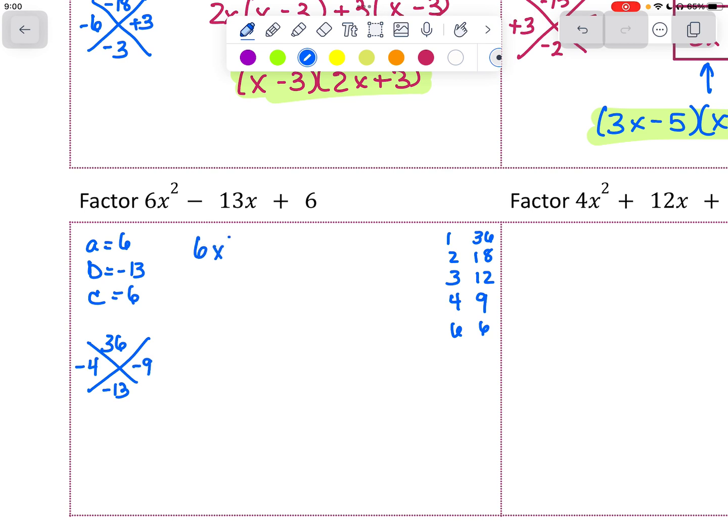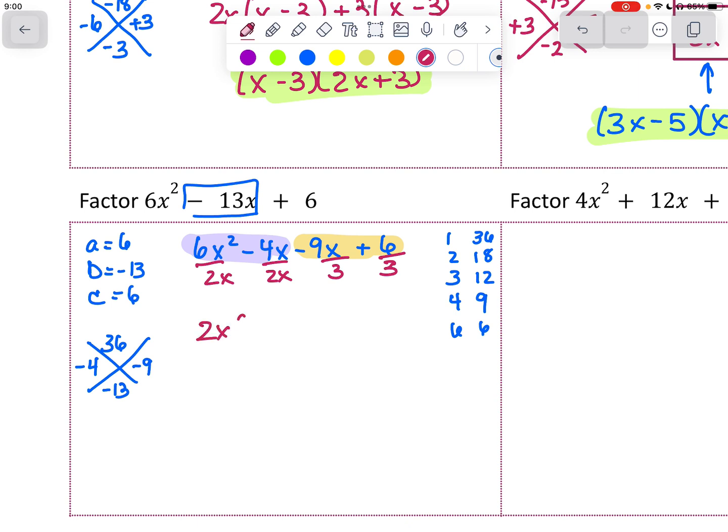Now I'm going to bust up the -13 in the middle to be minus 4x minus 9x. And then I group. First two together, second two together. Pull out your common factors. Here you have a 2x in common. Here we have a 3 in common.